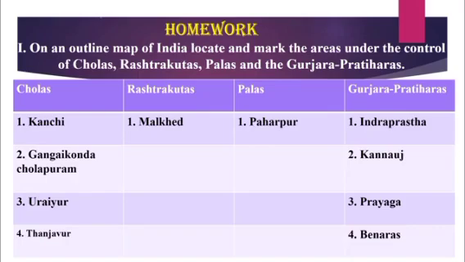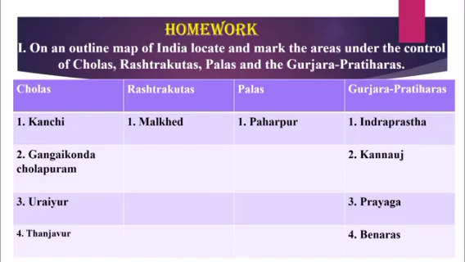Students, in this tabular column, we can see the areas under the control of Cholas like Kanji, Gangaikonda Cholapuram, Urayur and Tanjavur. Then the area under the control of Rashtrakutas like Malkhed.